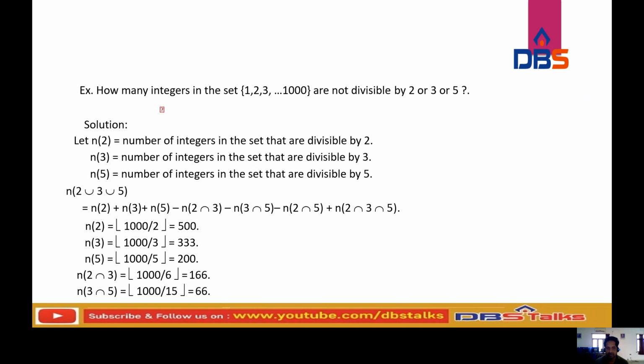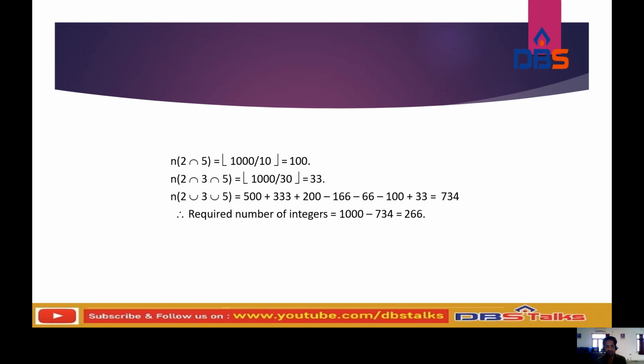First we find the divisions by 2, by 3, by 5, by 2 and 3, by 3 and 5, by 2 and 5, and by 2, 3 and 5. Then the total is 500 plus 333 plus 200 minus 166 minus 66 minus 100 plus 33, equal to 734. Not divisible equals 1000 minus 734, equal to 266. These are the numbers not divisible by 2 or 3 or 5.